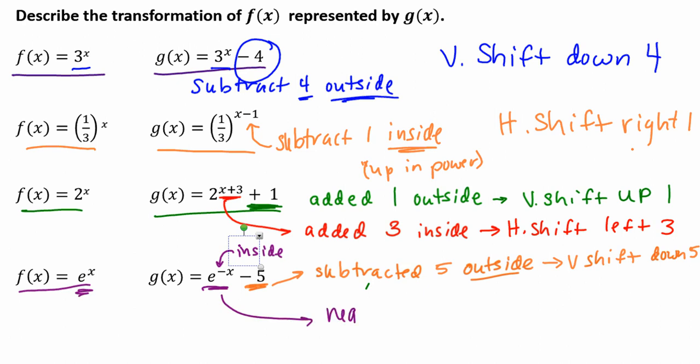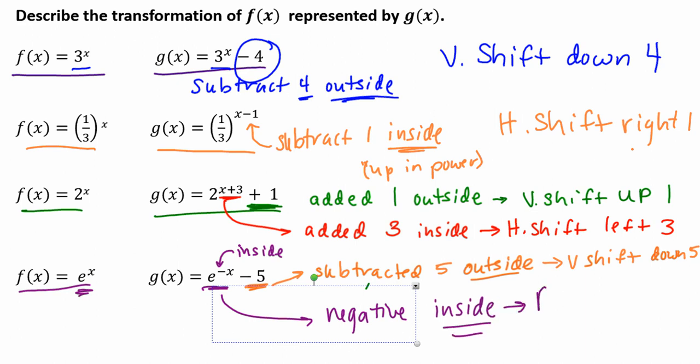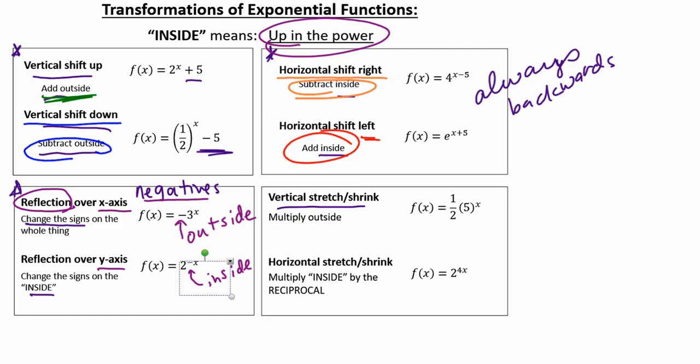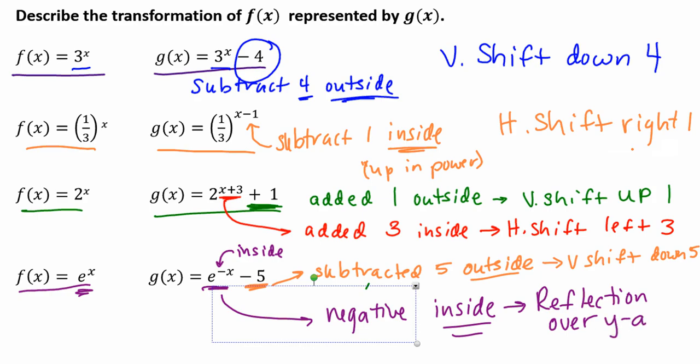So a negative inside, meaning up in the power. That negative means a reflection. And then we would say over, back to cheat sheet, looks like when it's inside, and it looks just like that except for it's got a different base, then that's going to be over the y-axis. So 2 things, looking at a graph and telling me what has happened, but also looking at a function and telling me what has happened. So vertical and horizontal shifts, and then reflections. And then we'll talk about the other half in part 2.